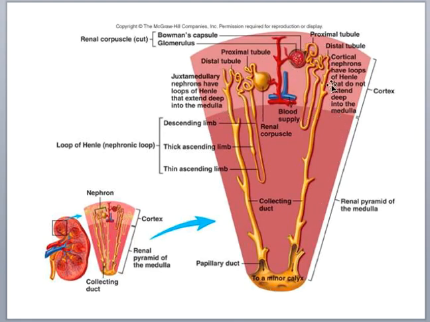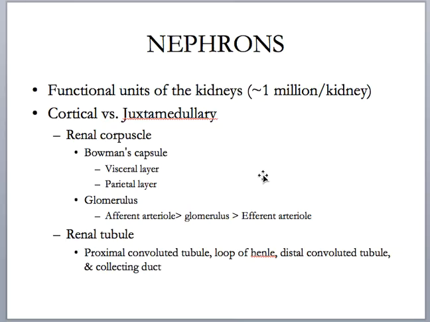This nephron, which is primarily located in the cortex, would be a cortical nephron. This nephron, which is located in the cortex but whose loop dips really far down into the medulla, is a juxtamedullary nephron. Both have the overall same functions, but it's these juxtamedullary nephrons which are extremely important in maintenance of water balance.